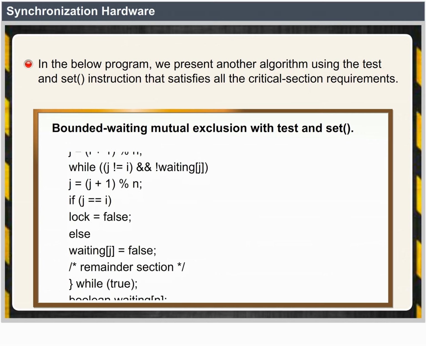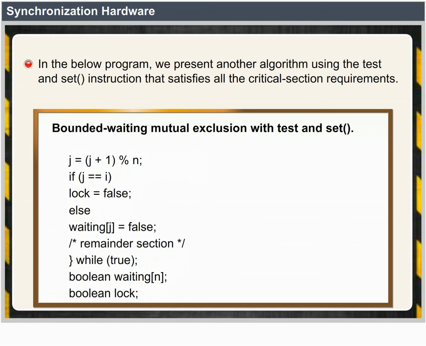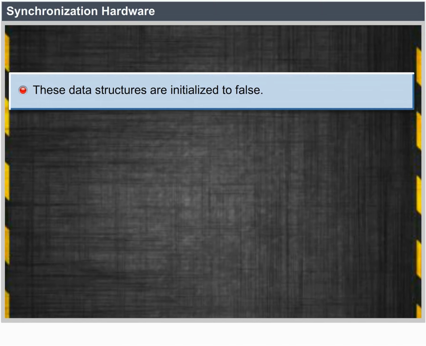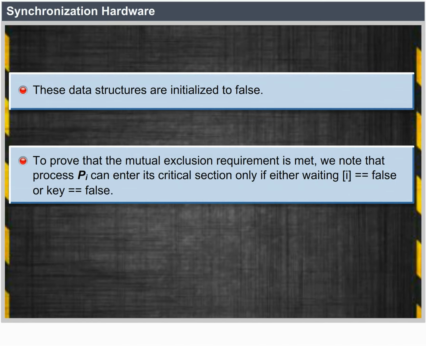These data structures are initialized to false. To prove that the mutual exclusion requirement is met, we note that process Pi can enter its critical section only if either waiting[i] == false or key == false. The value of key can become false only if the test-and-set function is executed.